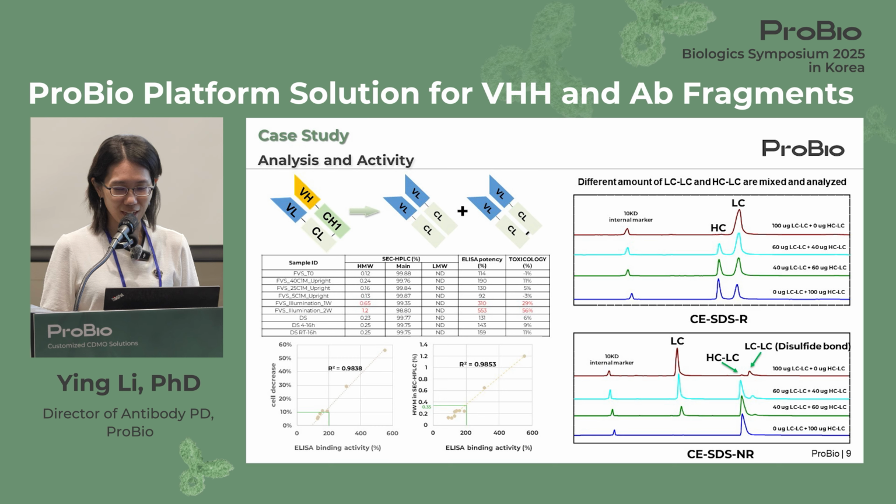And as you can see, interestingly, of the majority of the species, only a small portion belongs to the LC-LC species, which is formed by the disulfide bond. The majority of the LC-LC impurities are actually broken down in the NR condition because they are non-covalently bonded. So we come to the conclusion that the majority of the impurity present in this project are the non-covalently bonded light chain homodimer species.